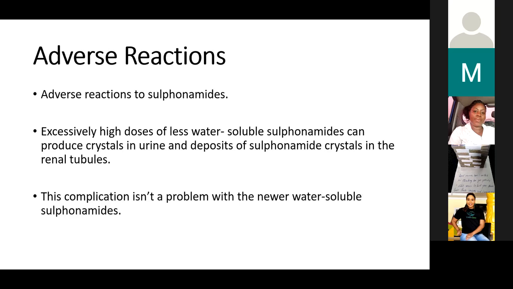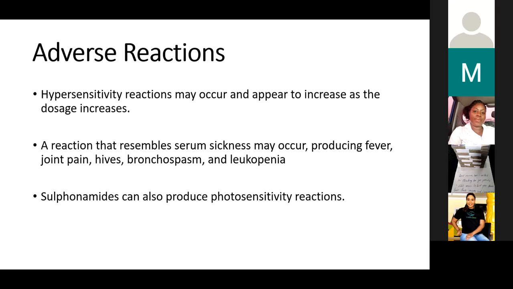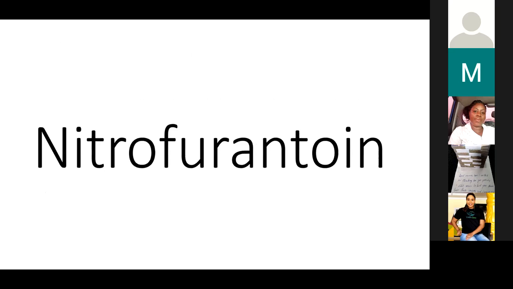Adverse reactions, usually the crystals. So if you drink a lot of water, this is averted. Hypersensitivity is another one, and the patient can have serum sickness and also photosensitive reaction.